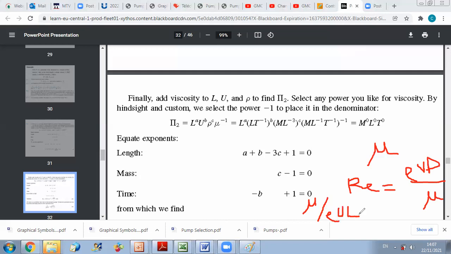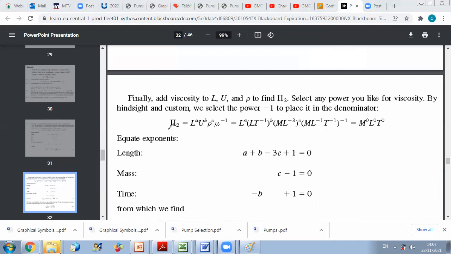Let us make sure together. Okay, so I say group 2 is L to the power A times U to the power B times rho to the power C, the 3 independent variables I chose, times mu.